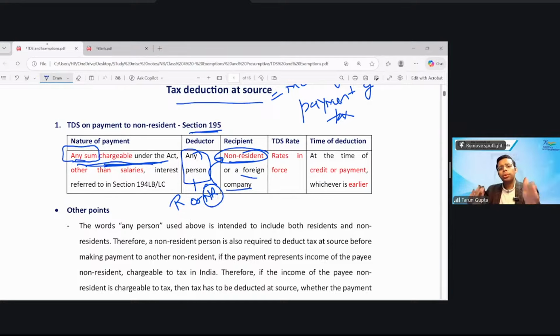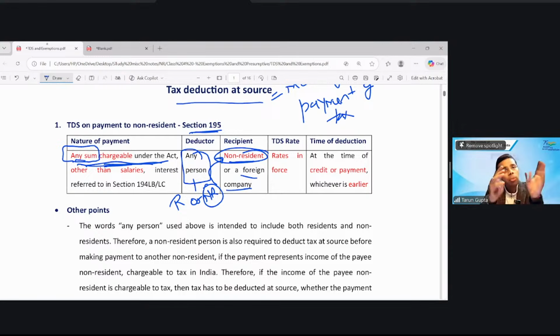So a whole series of sections are provided: contractual payment, professional service, technical service, whatever, which provide that whether tax is to be deducted or not is dependent upon the nature of the payment which is being made to the resident, if the recipient is resident. But this is not the case in case of non-resident. In case of non-resident, whatever be the nature of the payment, if such amount is taxable in the hands of the recipient non-resident in India, then the payer is under an obligation to deduct tax.